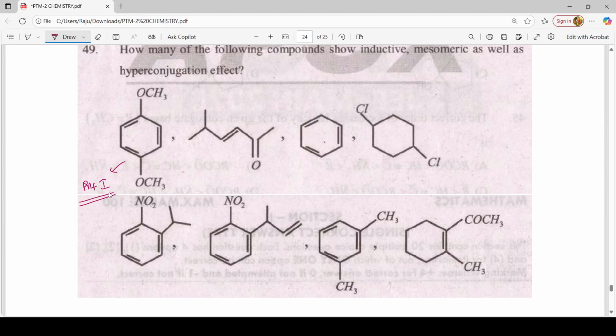Come to the case of the second structure, there is a mesomeric effect, inductive effect, hyperconjugation. In the case of benzene, only mesomeric effect. In the case of the fourth one, there is an inductive effect. Here in the fifth structure, there is a mesomeric effect, inductive effect, hyperconjugation. Even the sixth also has mesomeric effect, inductive effect, hyperconjugation.